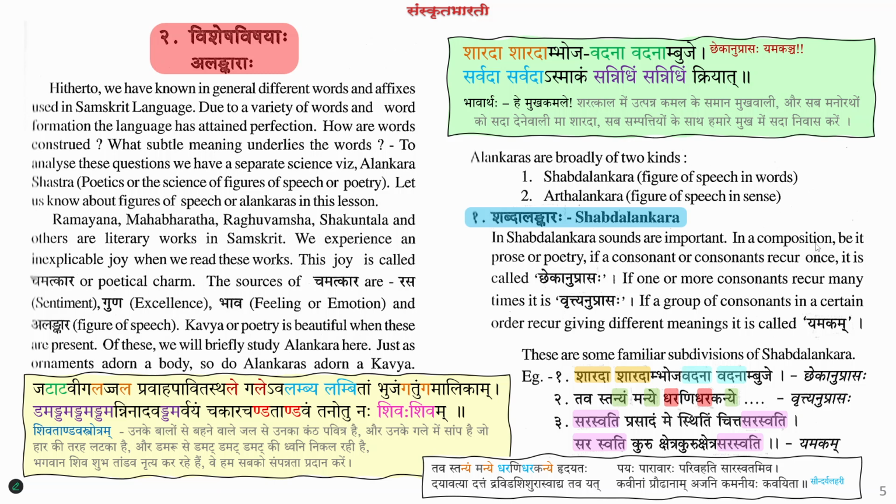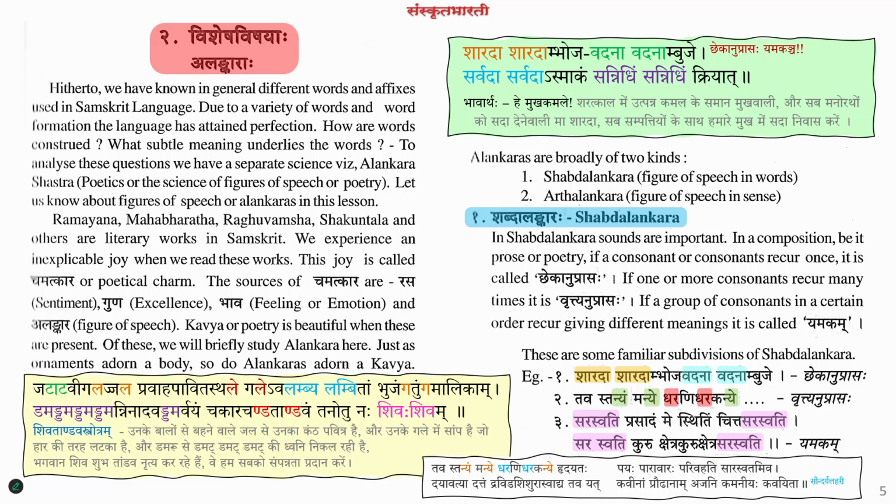In a composition, be it prose or poetry, if a consonant or consonants reoccur once, it is called Chekanuprasaha. So if a ga is heard a few times, or some kra is heard a few times, then it is Chekanuprasaha at the very base level. There is no mandate that it should occur at the end of the pada, or with a certain equal gap.